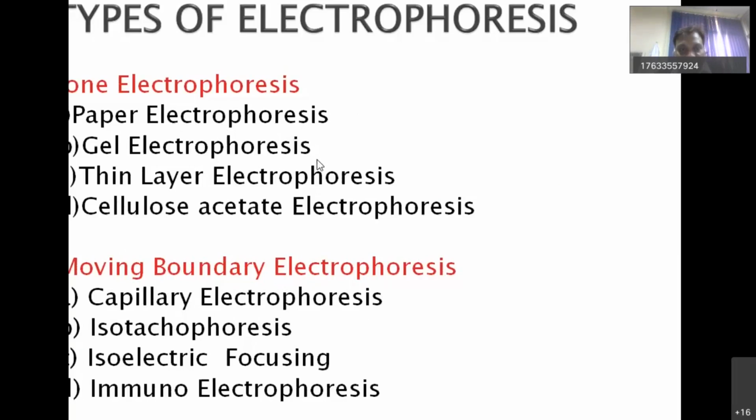Gel electrophoresis, where gel is used. Thin layer electrophoresis, where silica gel is used. Cellulose acetate is one of the materials which is also used. In moving boundary electrophoresis, the separation takes place in a liquid solution, so there is no supporting media. I will come to the details one by one.